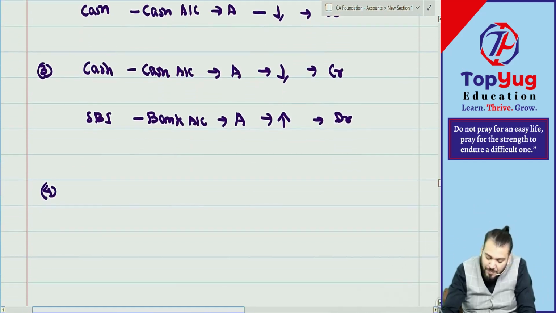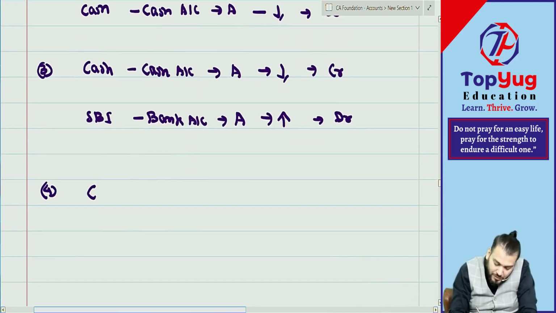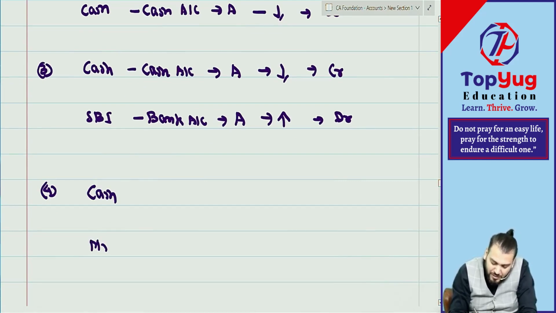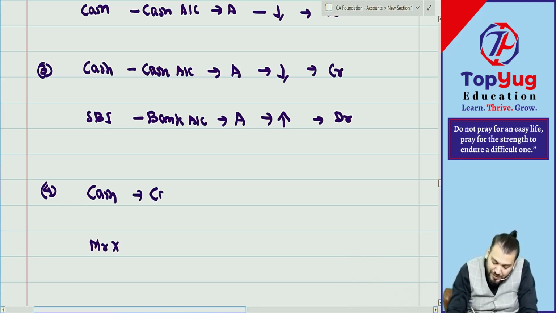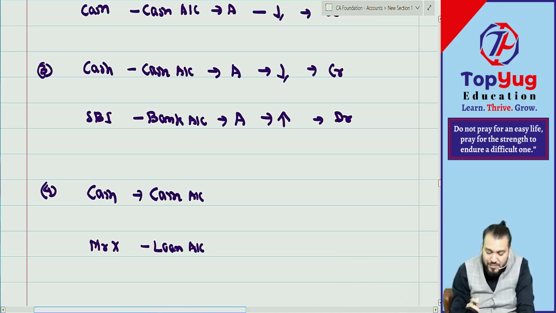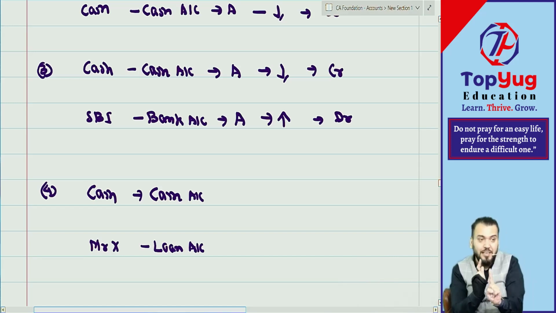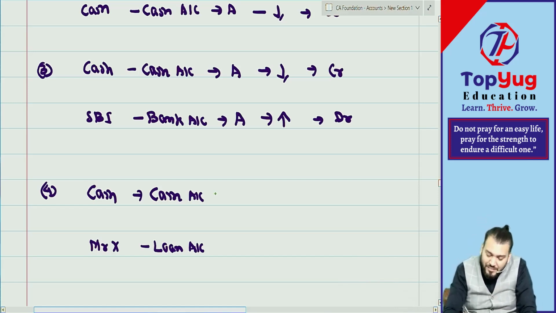What are the two aspects? Cash and Mr. X. I am writing loan given to Mr. X. So we'll open a cash account and you can open a loan account. Be careful about this. Before saying, be careful. Sometimes with the flow we just give the wrong answer. But cash is what? Asset, no doubt.